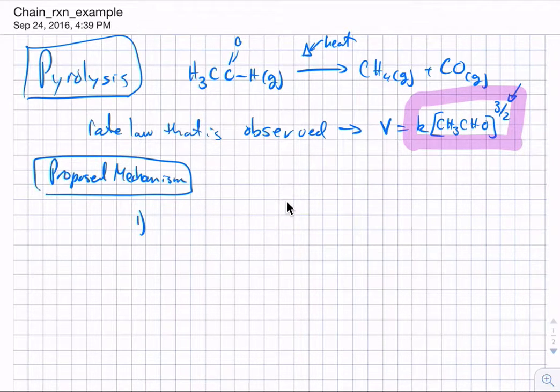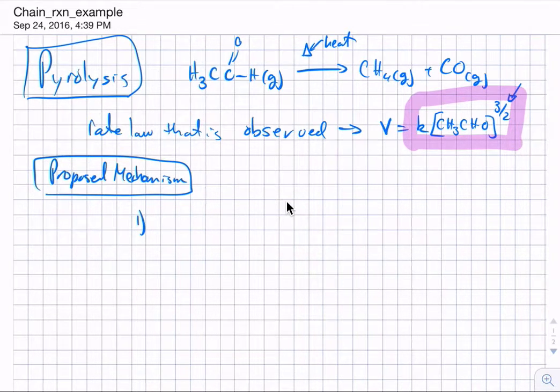Now, let's look at a proposed mechanism and see if we can apply our ideas of multi-step kinetics to understand and maybe rationalize where this 3/2 order behavior comes from.